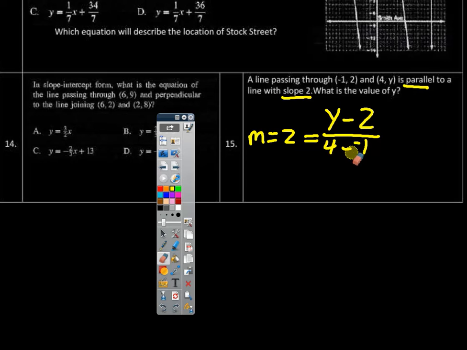We can't really do anything with it just yet, but we do have addition and subtraction going on, 4 minus a negative 1. So let's do that. We get 2 equals y minus 2 over 5, because 4 minus a negative 1 is 5.